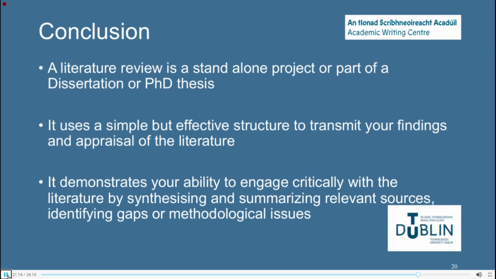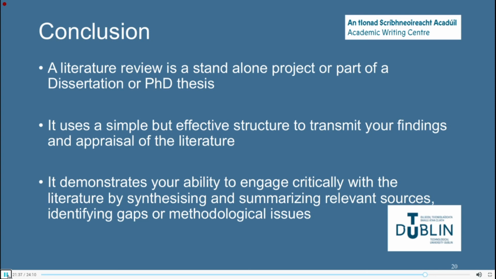It's very important to remember that the literature review is both a discussion and a summary of the literature, of the publications, and that this discussion contains publications and sources that are current and up to date.